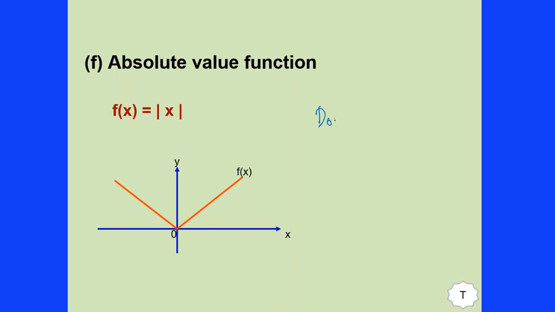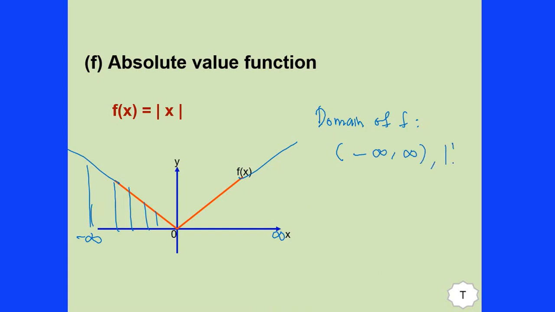Domain of F, okay, jadi dia from mana? Ada semua kan? Sambunglah semua kan? Ada. So from negative infinity to infinity, atau real numbers.